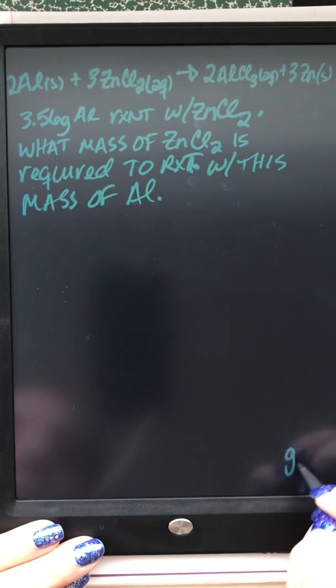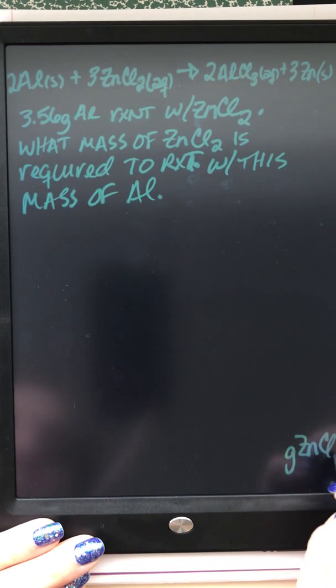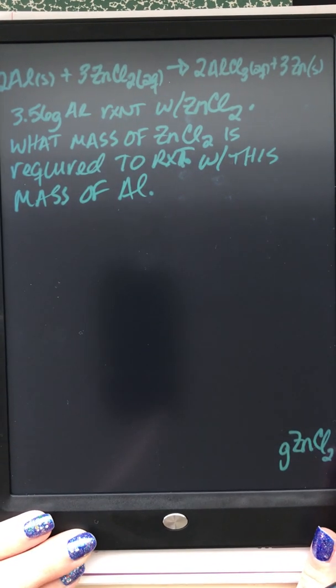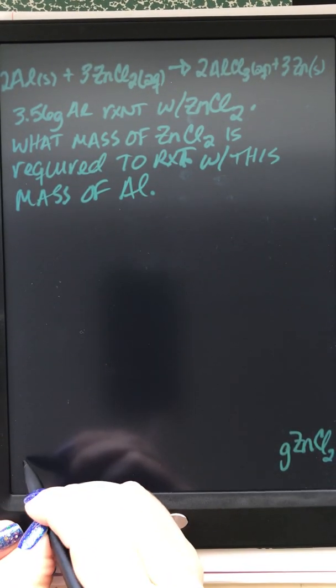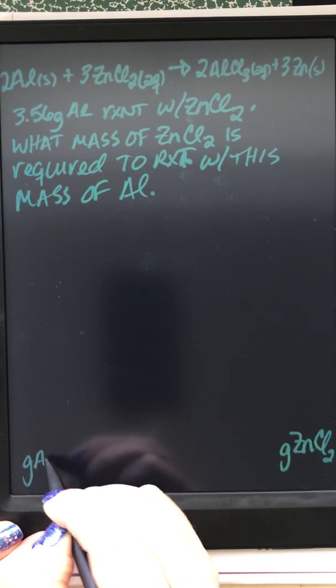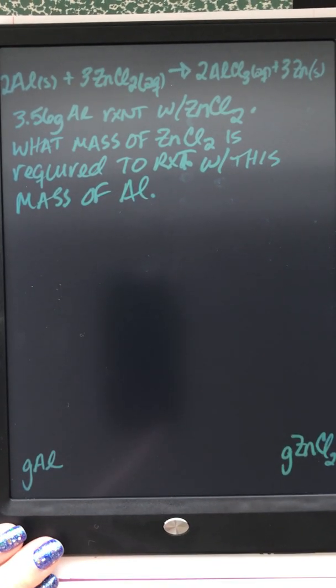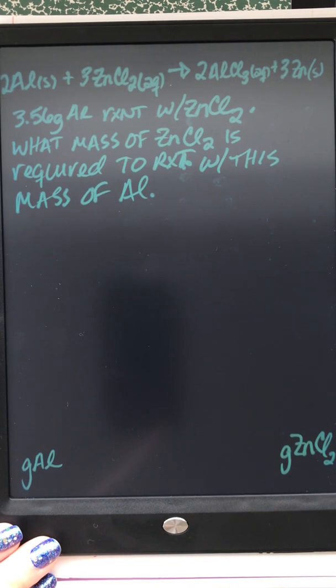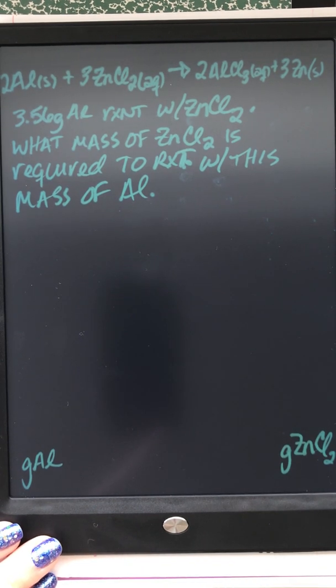So I'm trying to get grams of zinc chloride, right? And I'm starting at grams of aluminum, right? So I'm going to show you guys, this is the way I like to build a map before I start doing any of the stoichiometry, okay?